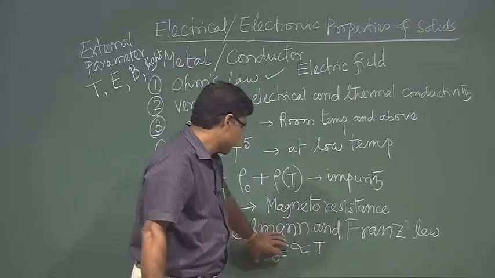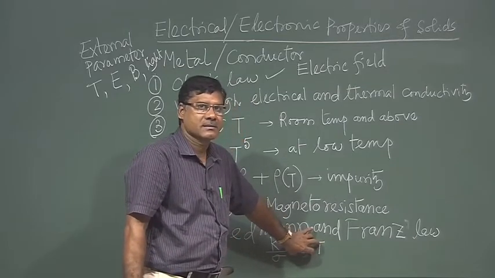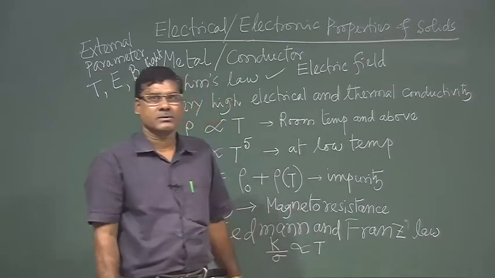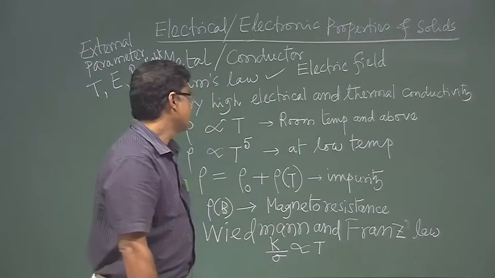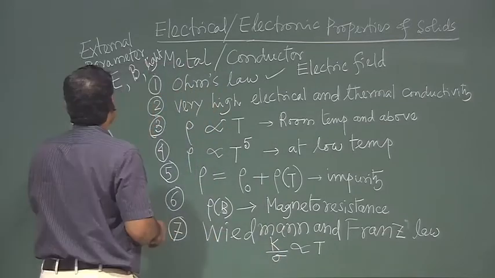So, this ratio equals some constant times T. All metals show this type of behavior. So, these are the features of metals.